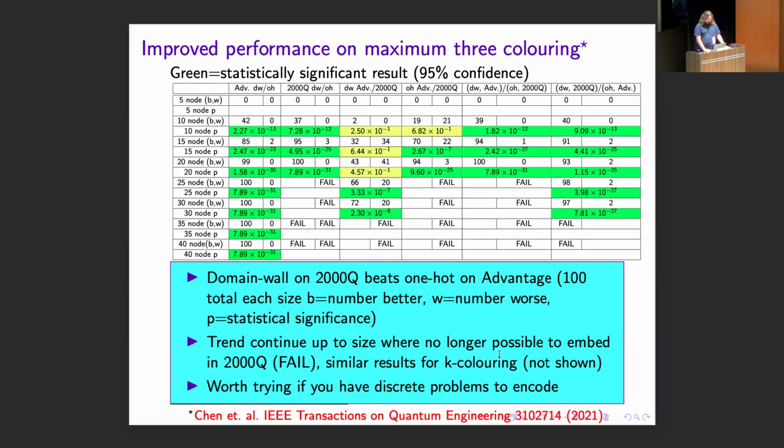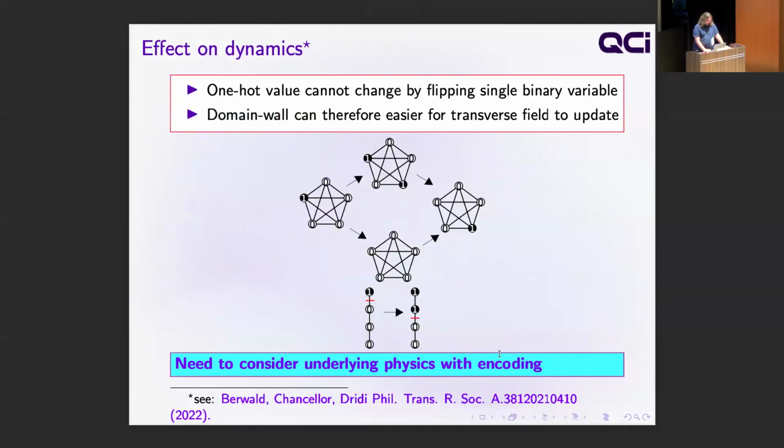Yeah, this is where trying to have discrete problems to encode. You can make arguments about this. With domain wall encoding, if you go through the math, you use 1 fewer qubit per variable, which doesn't sound like much, but if you're doing a 3-color problem, that reduces your number of qubits by 2/3, because you use 2 qubits per node you want to color instead of 3.